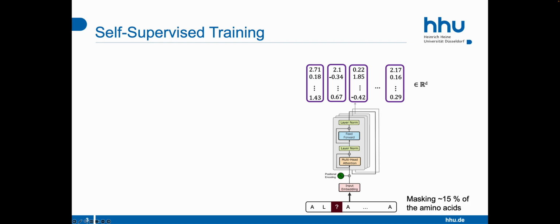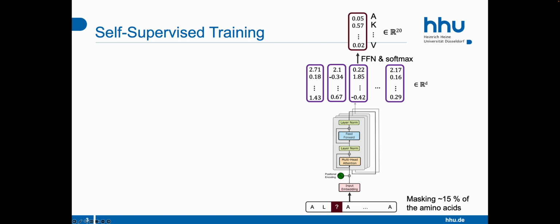How we do this is we add an additional token to our model, the so-called mask token. So far, we have 20 different tokens for all the amino acids that we can have in a sequence. So we have to add a 21st token that tells the model that we don't know what the amino acid is at that position. We then train the model to predict what type of amino acid we have at the masked positions.